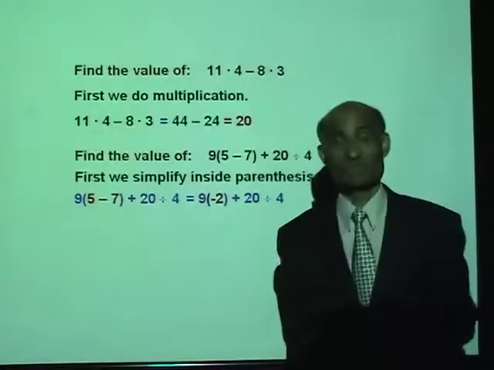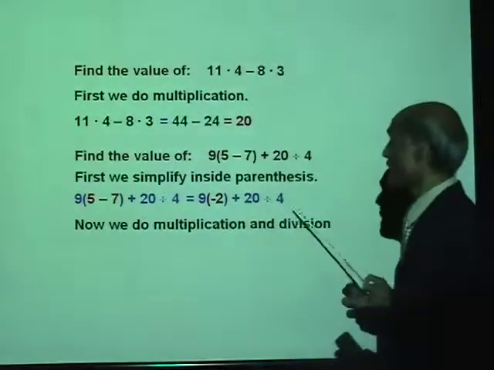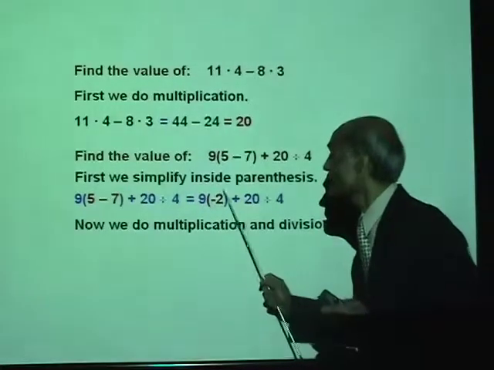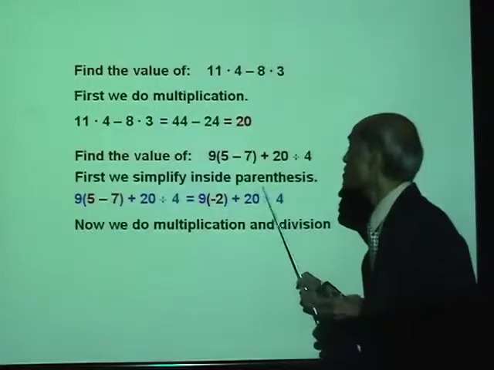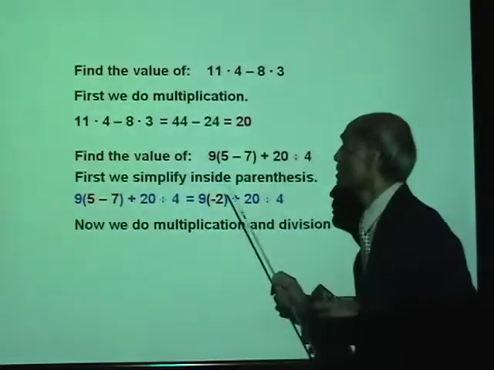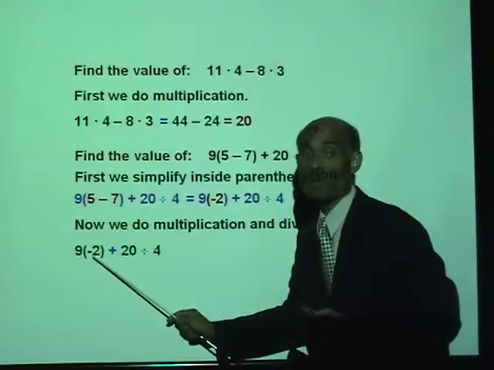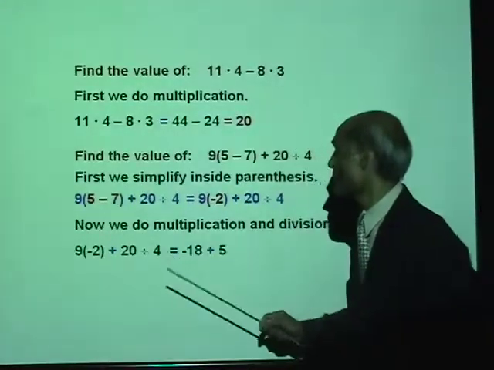What's the next thing to do? In the next step, we do multiplication and division. That means we will multiply 9 times 2 and then we will divide 20 by 4. Those are the two things to do first. So that will be 9 multiplied by negative 2 plus 20 divided by 4.